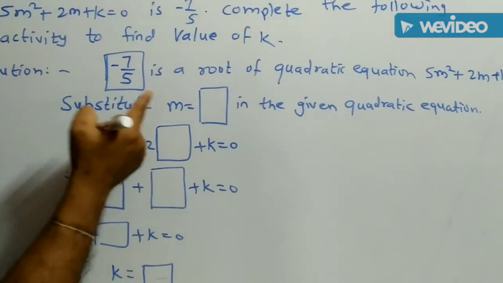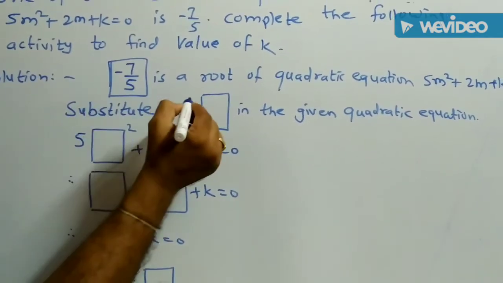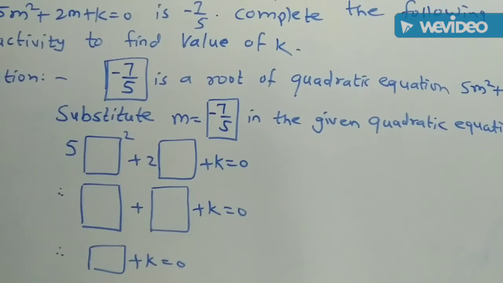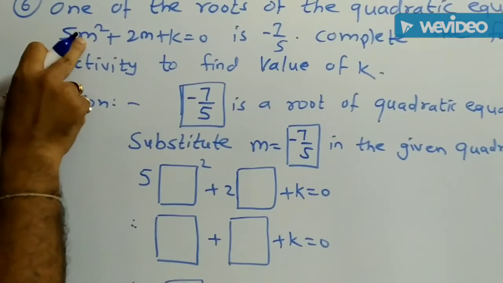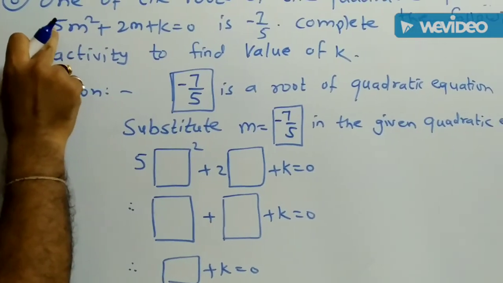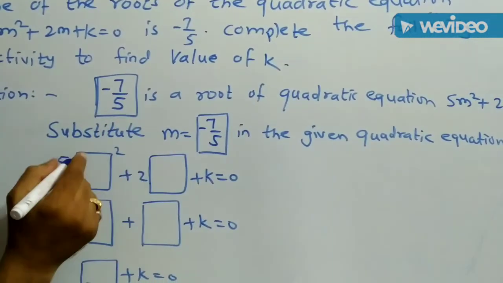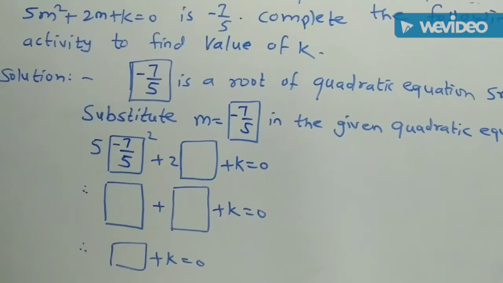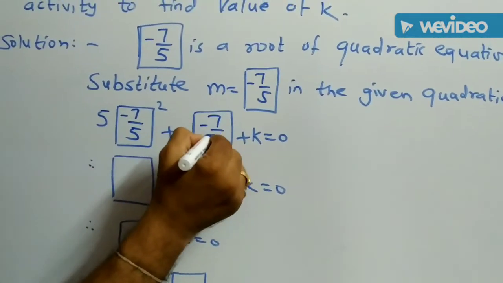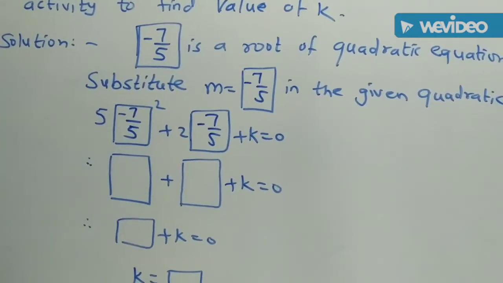Now substitute m = −7/5, the value of the root given, in the given quadratic equation. Putting the value of m as −7/5 in the equation: 5 into (−7/5)² plus 2 into (−7/5) plus k is equal to 0.